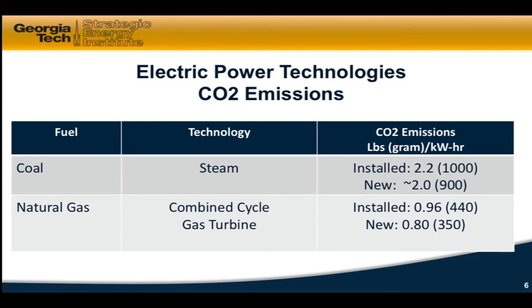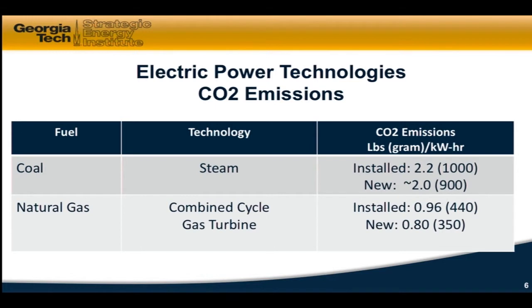An important characteristic of any power plant this day and time are the carbon emissions or CO2 emissions, and that's only a significant factor where we have fossil fuel plants. So I look at just coal and natural gas, and the steam cycle puts out, and on the right-hand side I've got CO2 emissions in units of pounds per kilowatt hour, and in parentheses grams per kilowatt hour.